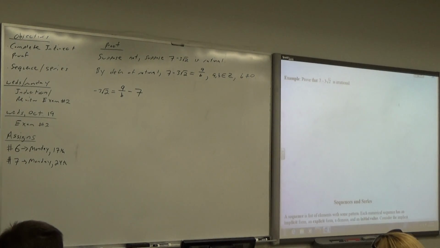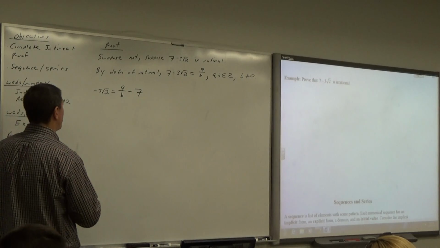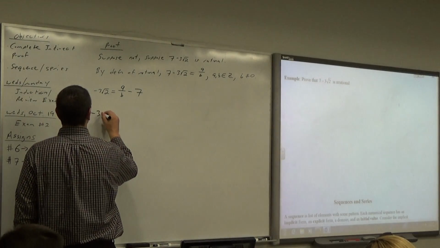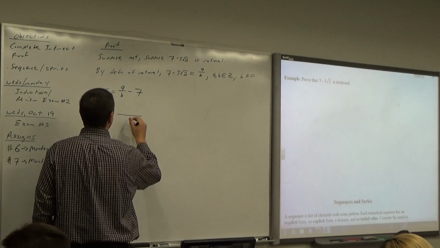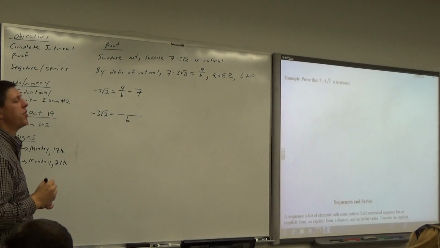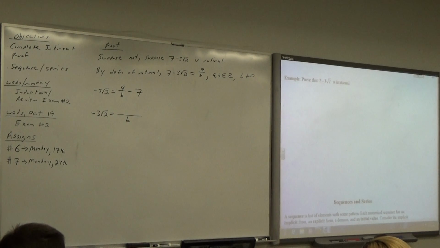We could get a common denominator and just meld this into a singular fraction, couldn't we, guys? So by common denominator, and like I said, I'll write the steps up in a moment, negative 3 roots of 2. If I was to write this as a single fraction with the denominator of b, what would the numerator look like? a minus 7b.